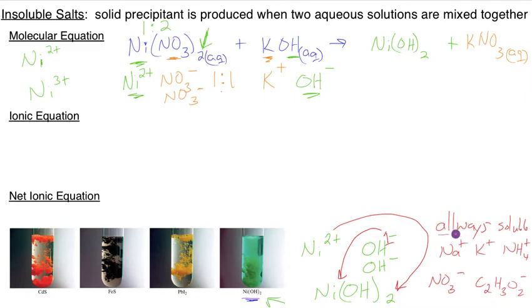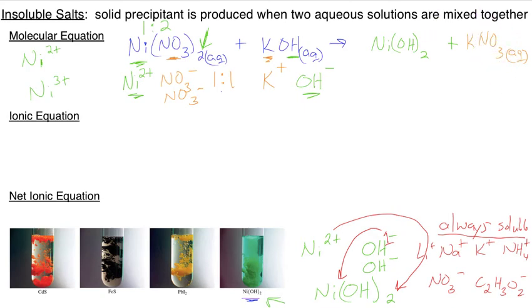Now, we can expand this list just a little bit and say that sodium and potassium are in the first family. So what that means is that, well, basically anytime you see one of these ions paired up with any other ion, it's always going to form an aqueous solution. So, I mean, that's how I know this one is aqueous.